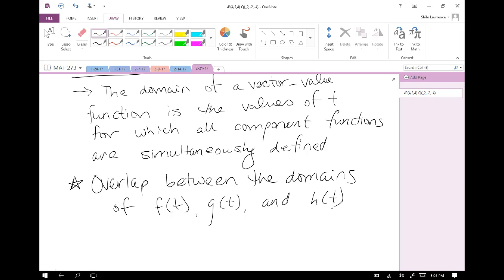So if we wanted the domain of f plus g, we had to find the domain for f and the domain for g and see what they had in common. We're going to do the exact same thing here, except if it's a three-dimensional vector, we might have three functions to take into consideration. So we're going to look at all three of those individual functions and their domains and see what they have in common. And that's going to tell us what values we're allowed to use for the vector valued function as a whole.